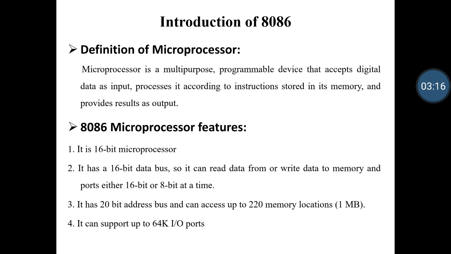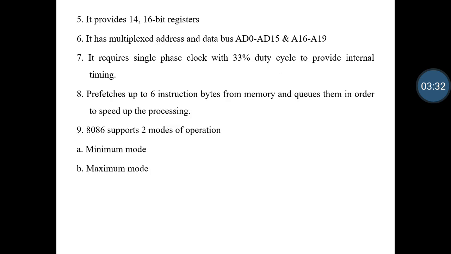Fourth, it can support up to 64 kilobytes of I/O ports. The fifth feature is that it provides 14 16-bit registers. There are a number of registers present in the 8086 processor architecture, which I will tell you about in the next slide.